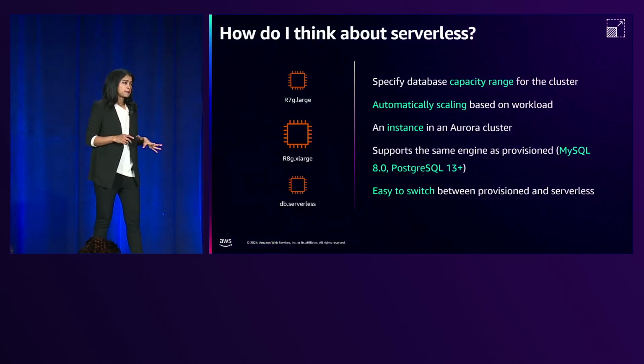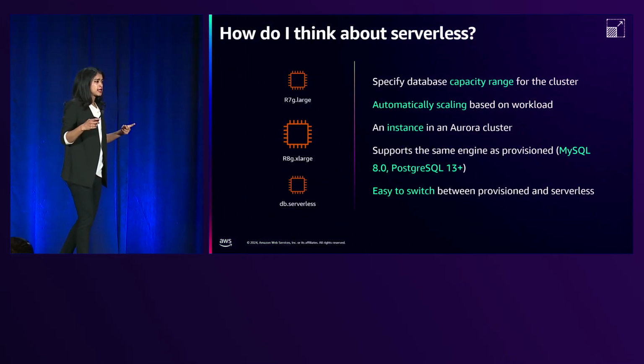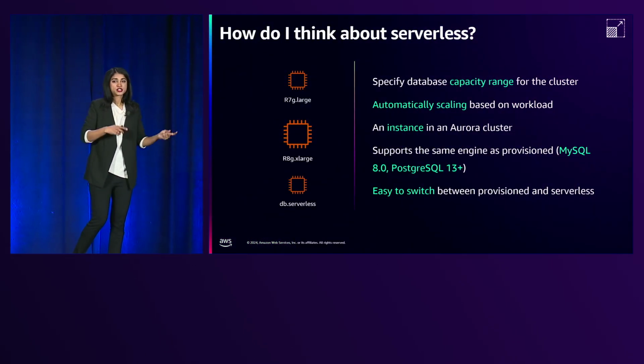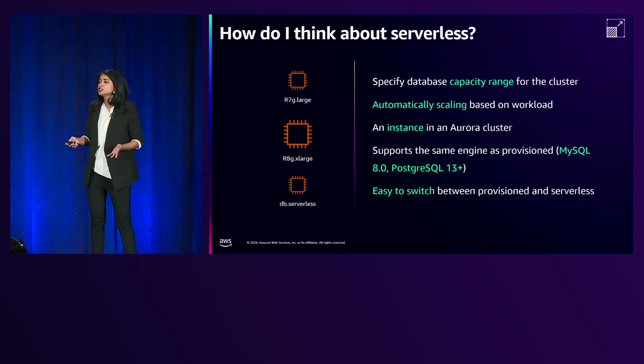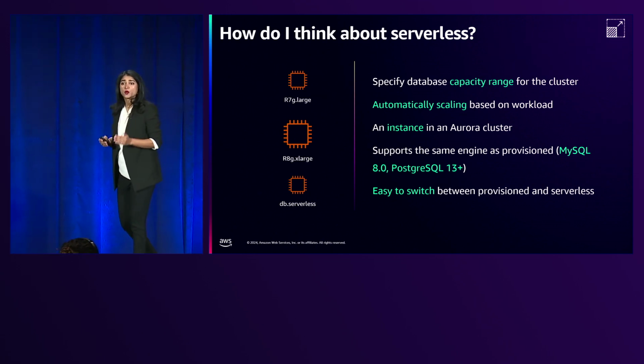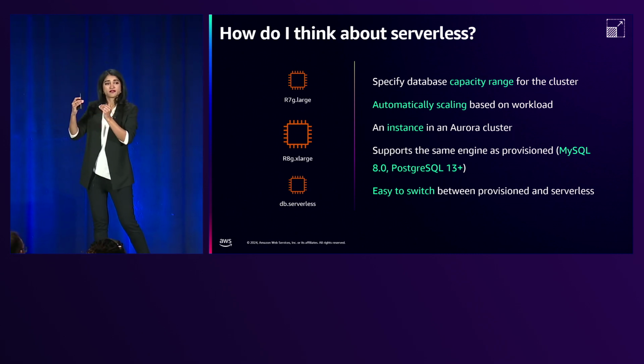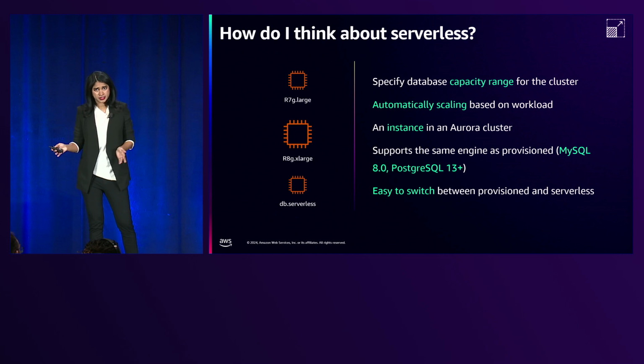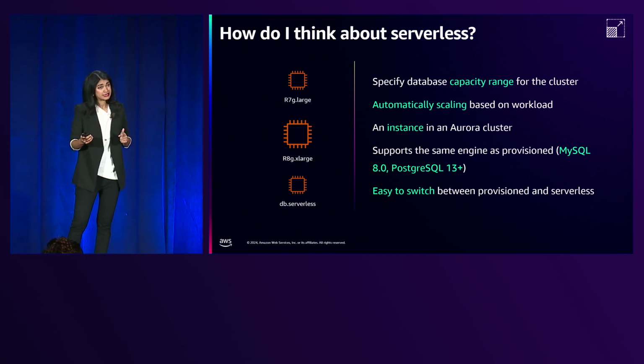So in Aurora, you're typically used to thinking about provisioning an instance, which is similar to the EC2 instance. So think about, you're getting R7G, you're getting R8G, where you get fixed memory and you get fixed CPU. You use it, you don't use it, you get all of that capacity to yourself. Now with serverless, that mental model shifted slightly.